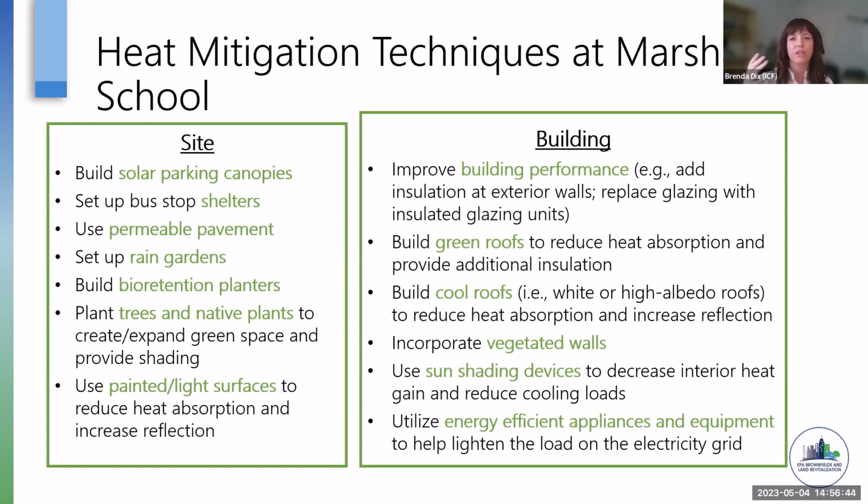Your insulation, replacing glazing, but they definitely also help with keeping the building naturally cooler as well. Using those green roofs, using cool roofs or white or light colored roofs where it's not a green roof, incorporating vegetated walls, which is very neat. Some of those sun shading devices, so that might be things like awnings or other small flanges, and some energy efficient appliances. So next slide.